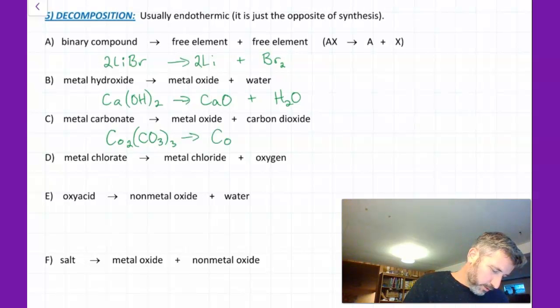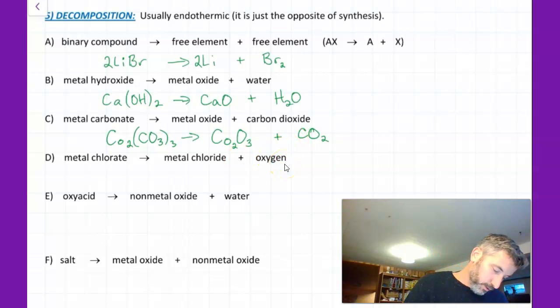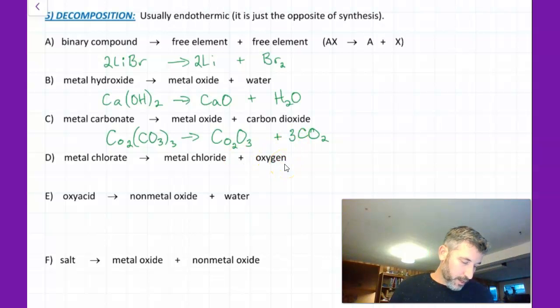So if I have cobalt with a 3 plus charge, paired with oxide, which is 2 minus, that's going to be Co2O3, and carbon dioxide. So let's see if this one's difficult to balance. We've got, I don't know, my cobalts are balanced. Let's go to carbon. Carbon, I've got 3 and 1, so 3 in front on the right. Oxygen, I've got 3 and 6, so that's 9, which matches the 9 there, so we're good to go.